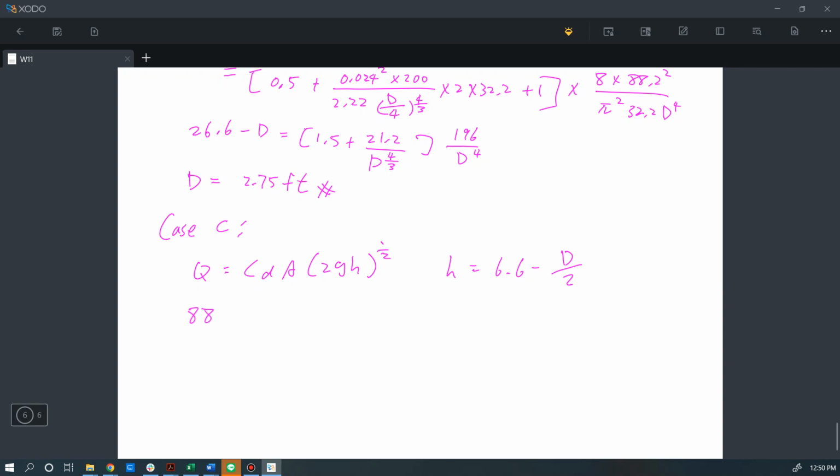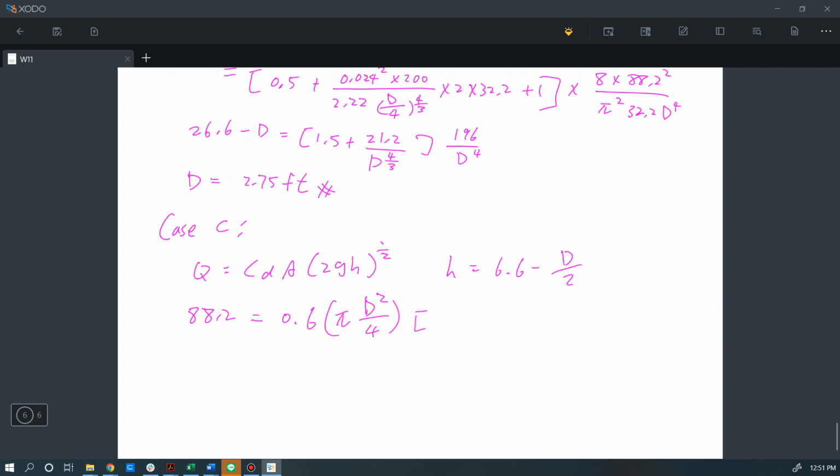So we will get this equation that the flow rate is equal to 88.2, which equals the coefficient CD, and for the square-edged culvert, this CD is often set as 0.6, times the area, because it's a circular culvert, we have the equation for the circular area here.